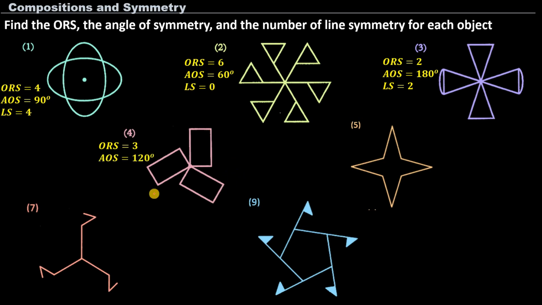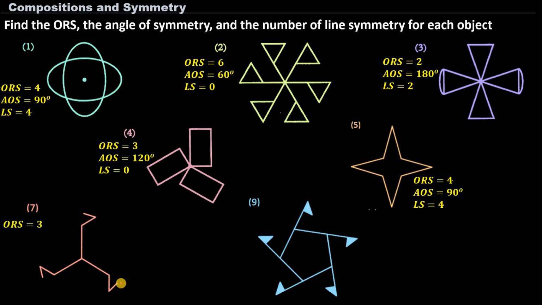This gives us degrees of 120, but there is no line symmetry here, nowhere I could draw a line going through it. Number 5, we can rotate it 4 times around. This means that it's 90 degrees, but there is 4 lines of symmetry, up and down, left and right, and through the diagonals.